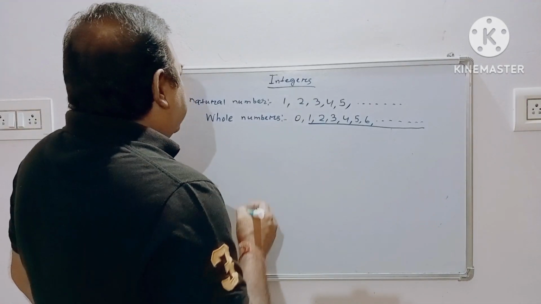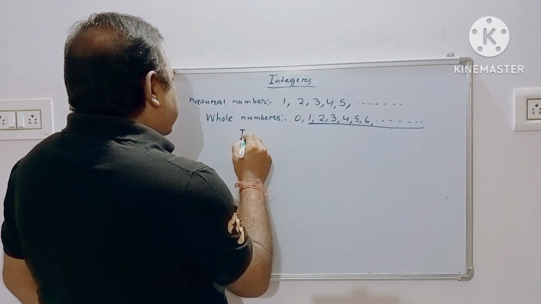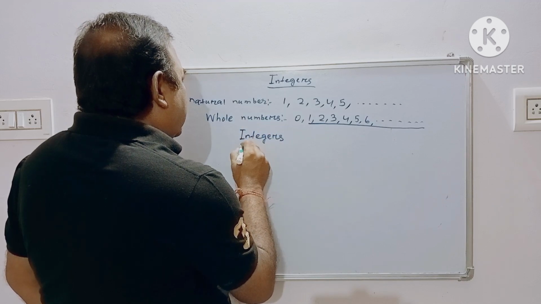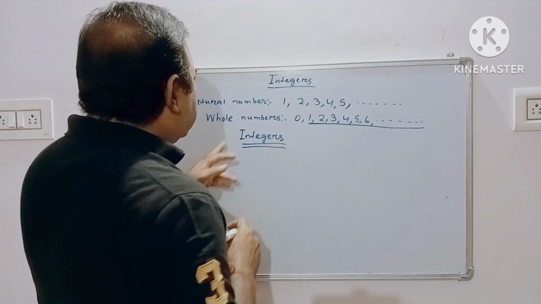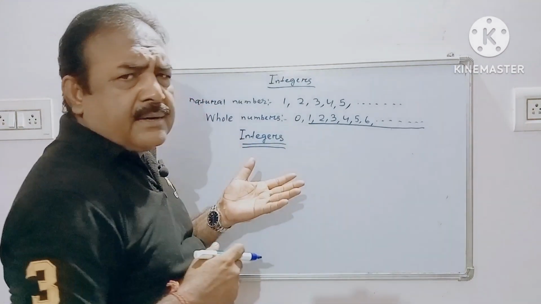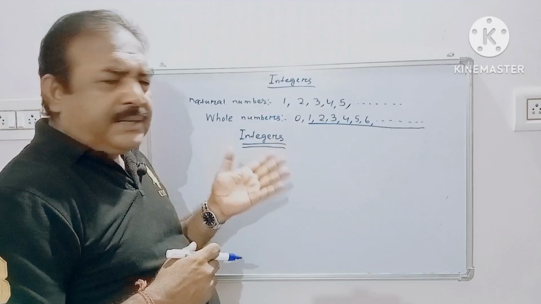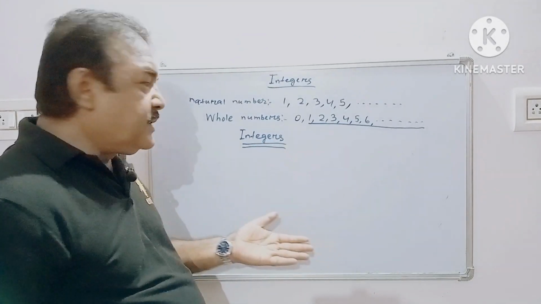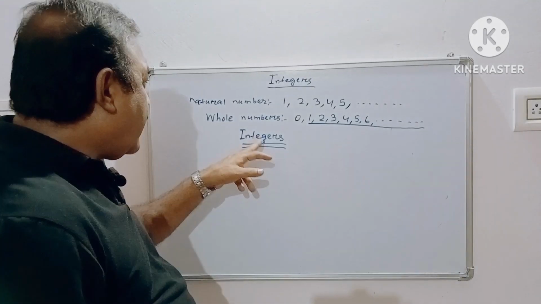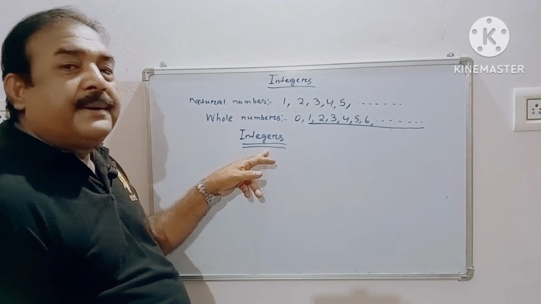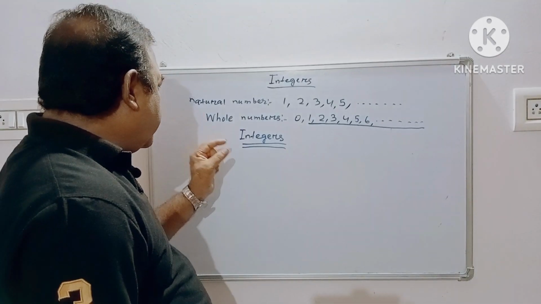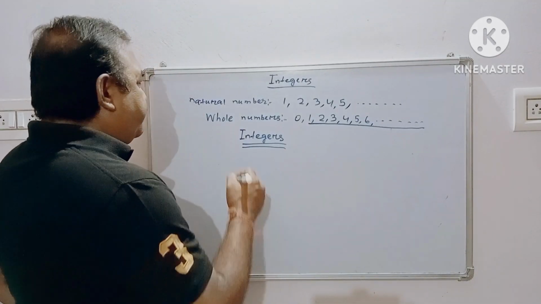So, let us move to integers. What are integers? These are also numbers. Why do we need them? Why did we need these numbers? We will know why we needed these numbers, but first we should know what integers are.